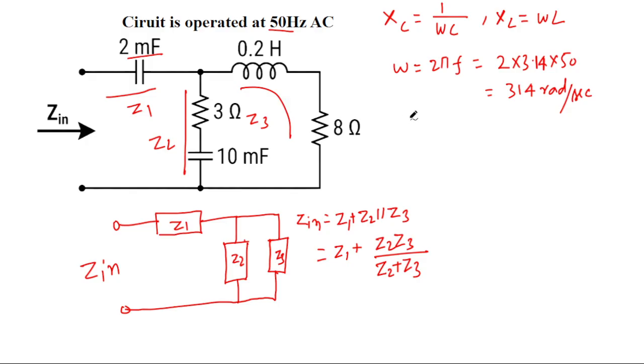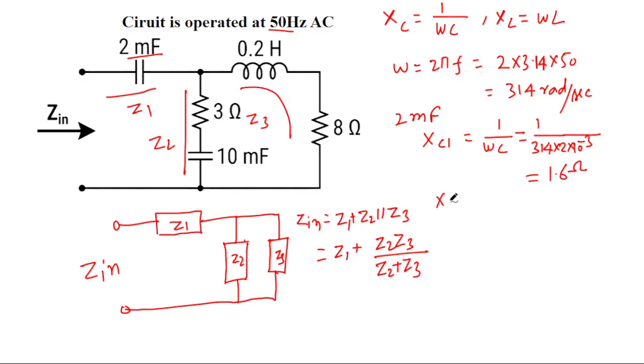So XC1 for the 2 millifarad capacitance will be equal to 1 upon omega C, which is 1 upon 314 multiplied by 2 multiplied by 10 to the power minus 3. If you simplify this, it comes to 1.6 ohm.